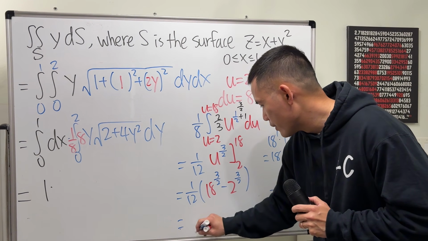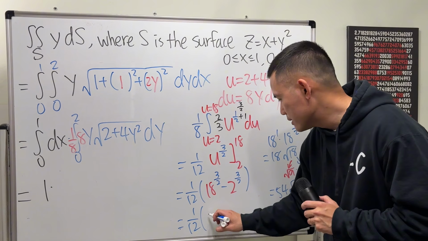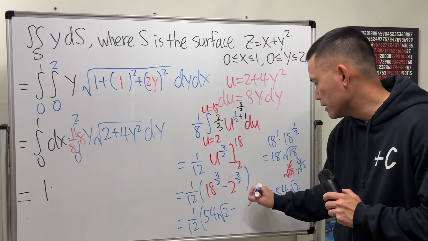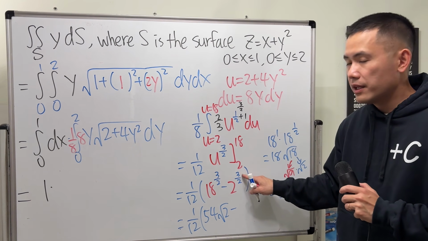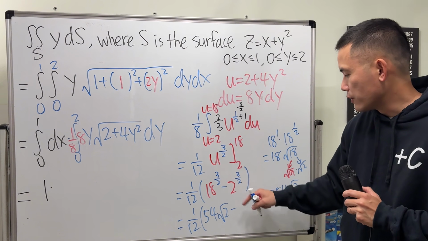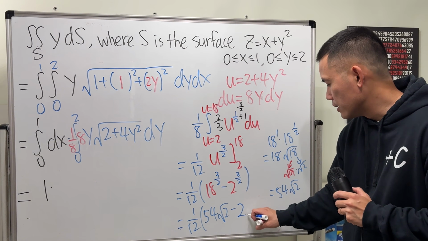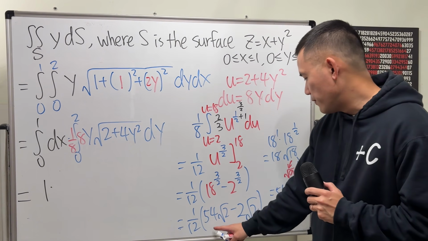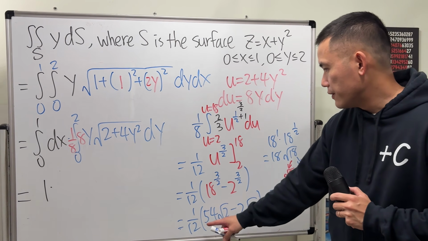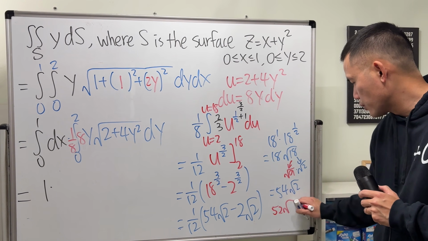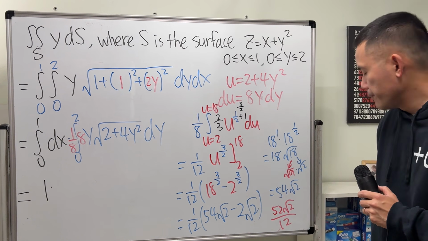So we have 1 over 12 times 54 square root of 2 minus, this right here is the same as 1 plus 1/2 for the power. So it's 2 to the first, which is 2, and then 2 to the 1/2, square root of 2, like this. So you can see that's going to be 52 square root of 2 over 12.